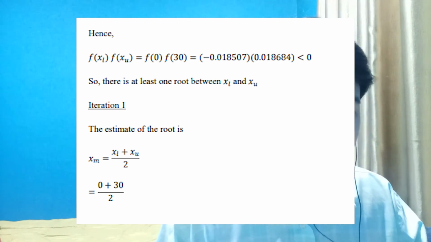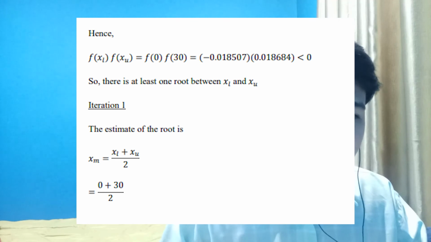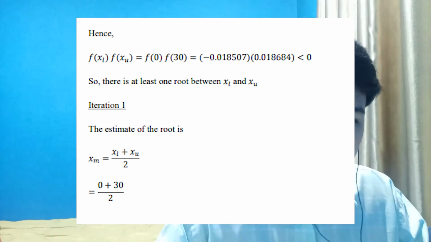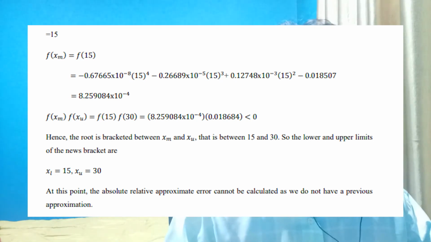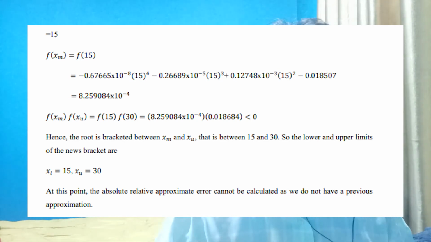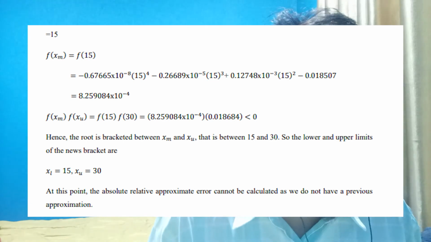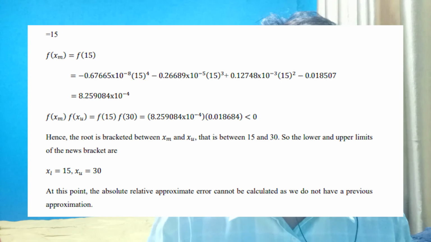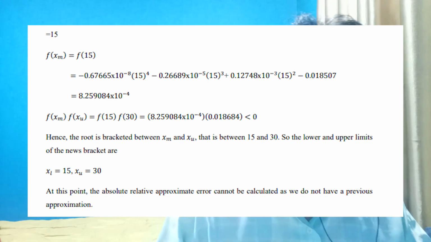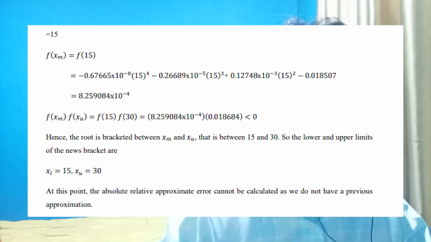Iteration 1. The estimate of the root is xm equal to xl plus xu over 2. So we skip this and we will get the value equals to 15. So f(xm) is f(15) actually. So we plug in the values and we will get the answer 8.259084 times 10 to the power of negative 4. So the final answer, like the previous one, is still less than 0.